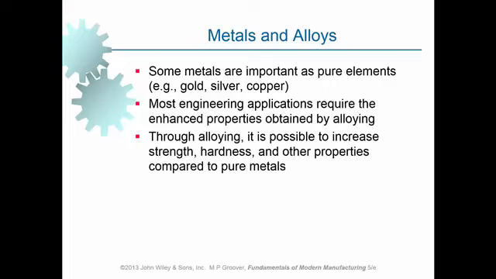Exactly. Then what happens is that we will increase the strength of pure silver significantly, making it suitable for so many applications, which wasn't possible when silver was just in the form of pure silver. And when you add 7.5% of copper to silver, it is called sterling silver.